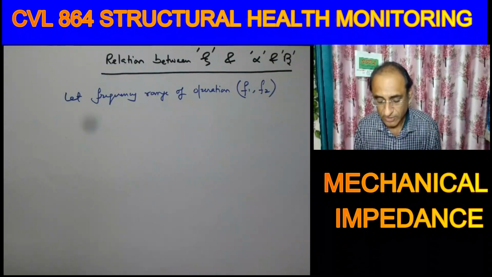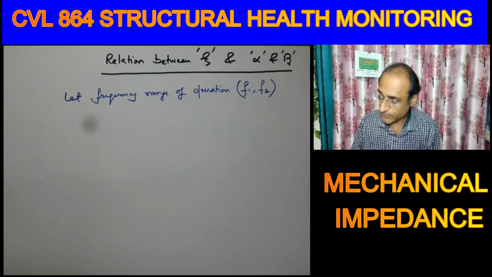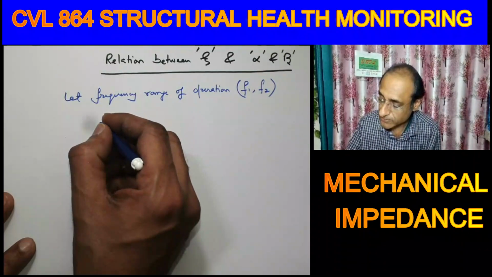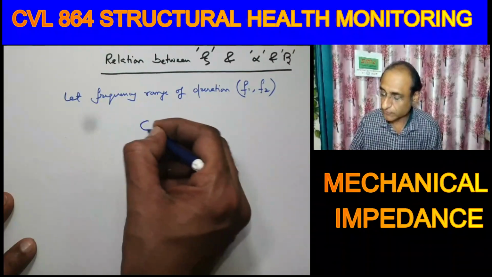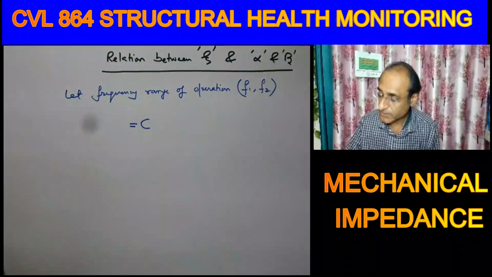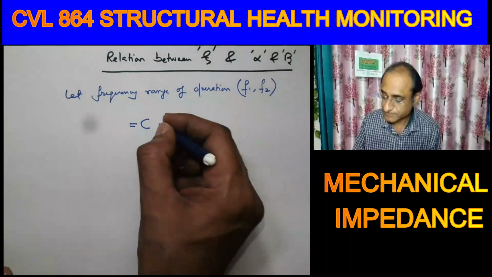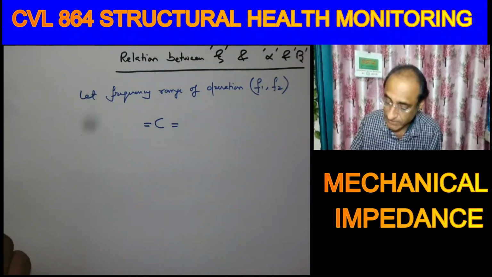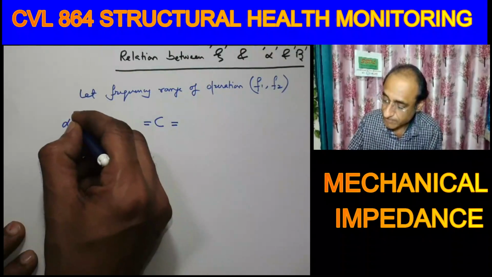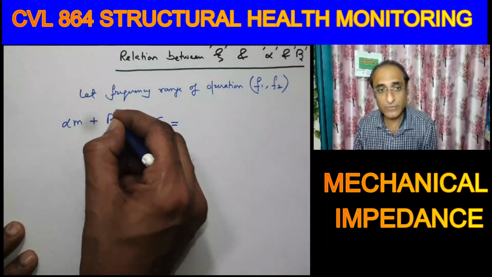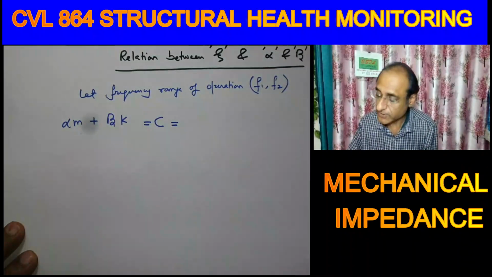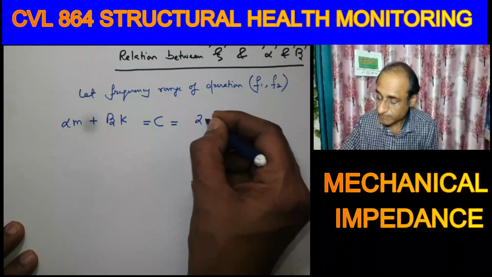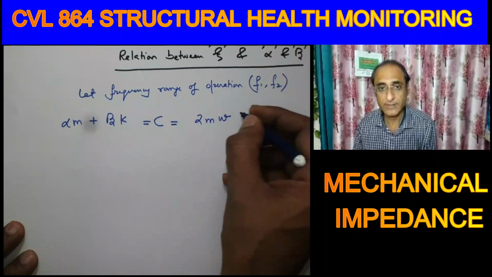Okay. So now let's use the two definitions. We have the C here, and on one side we have the Rayleigh damping, alpha m plus beta k, and on the other side we have the damping ratio, 2m omega xi.